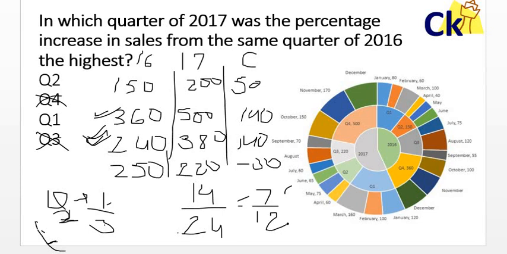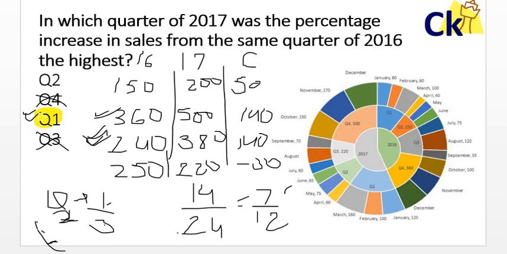We know that 1 by 12 as a percentage, that is 100 by 12, is 8.33. So if we calculate roughly, what would be 7 by 12? Somewhere around 58.33. Hence our answer option is quarter 1.